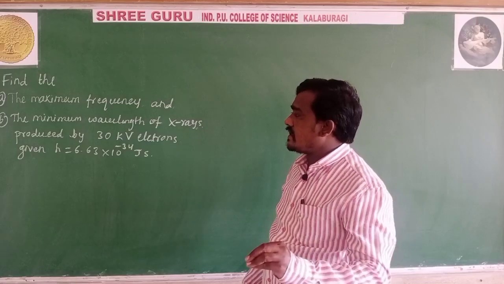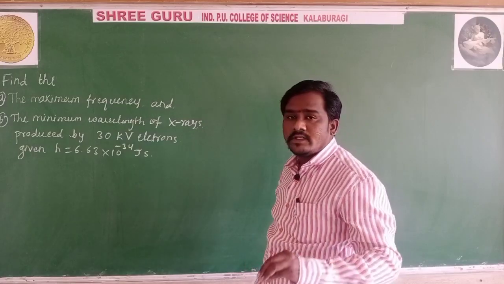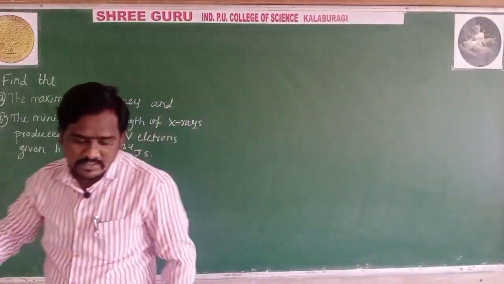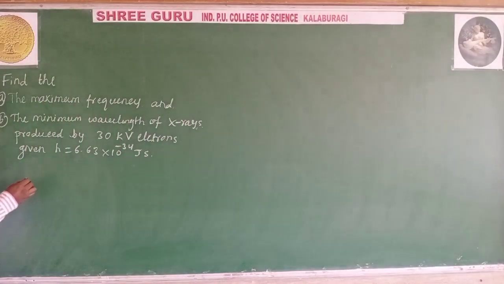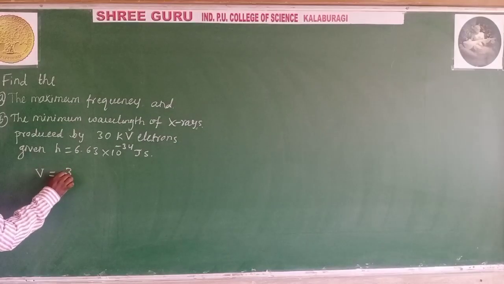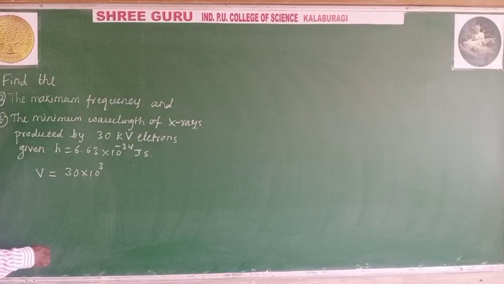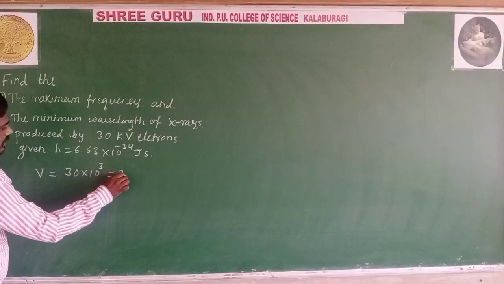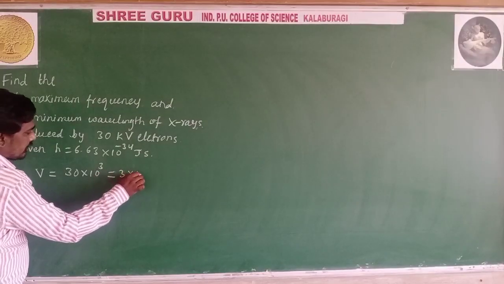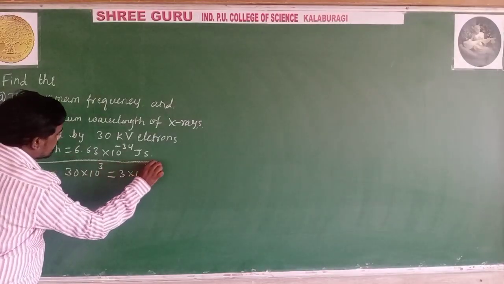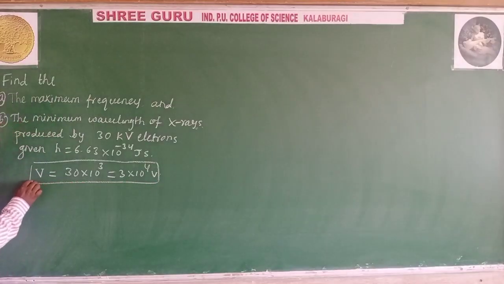As the X-ray source produced by 30 kilo, we can write like this, just convert yourself. Voltage V is equal to 30 into 10 to the power 3, kilo means 10 to the power 3. Now we can write 3 into 10 to the power 4 volt. This is our source voltage.